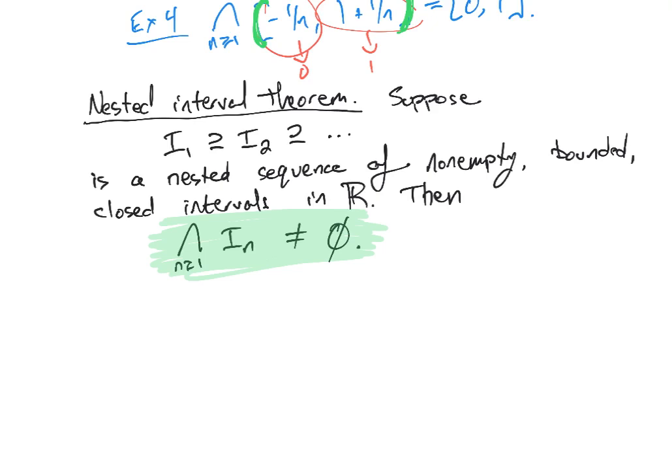Okay. Quick question. Is it possible to have closed intervals that are empty? Yeah, we talked about this at the end of the last lecture. The empty set is a closed interval because the empty set contains none of its endpoints.